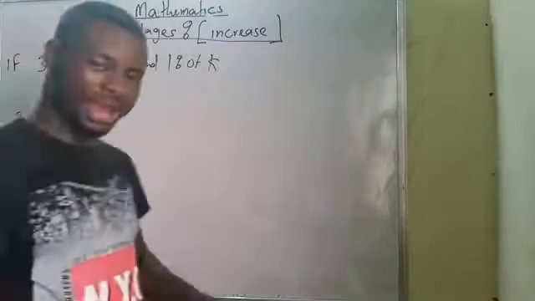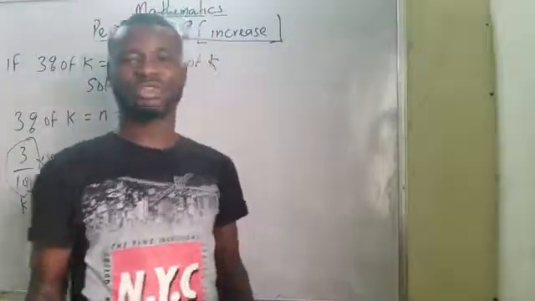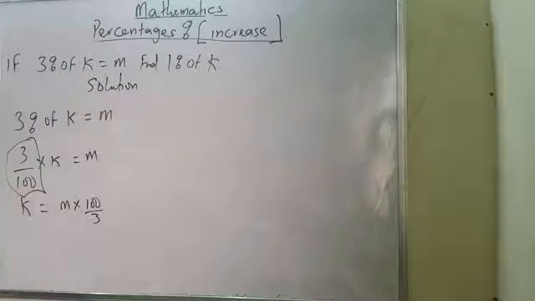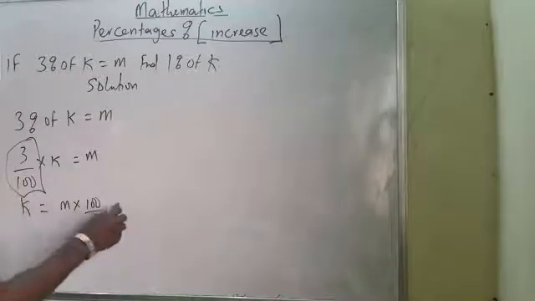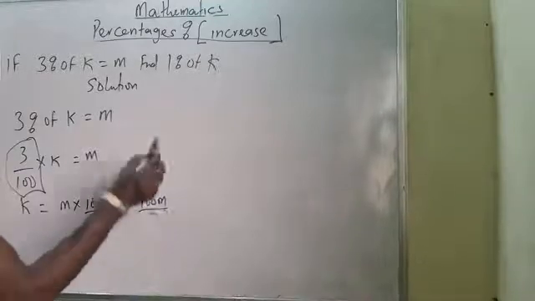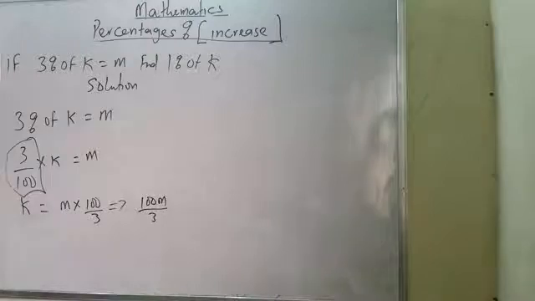You should know by now, if you are a real student of us, you should know how to handle numbers very well. Now, that is my K, which implies 100M all over 3.